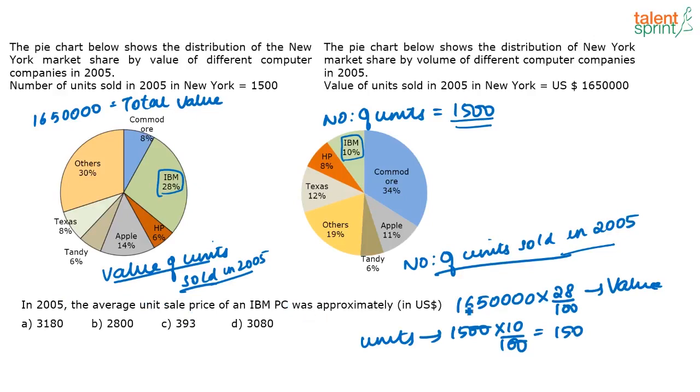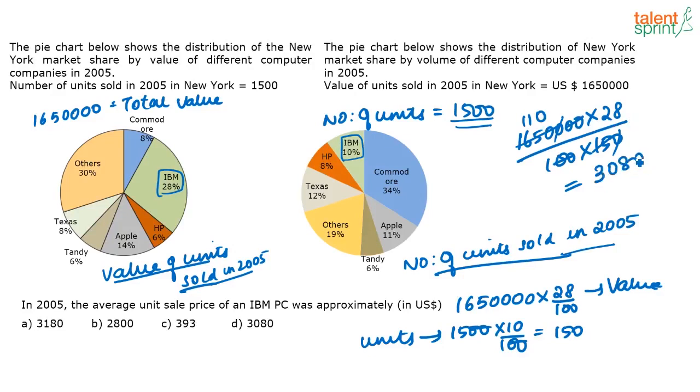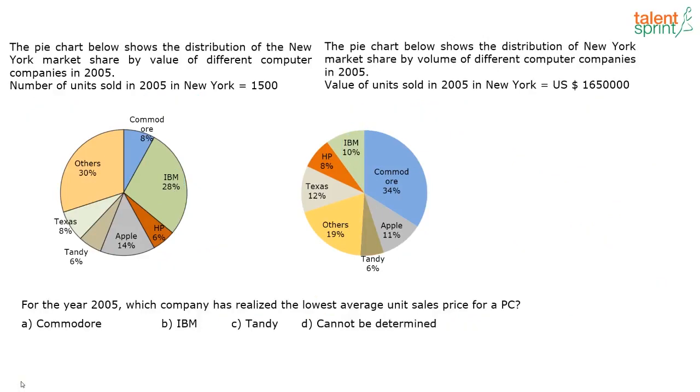So what is the average price of one unit that IBM has sold? It is 165 followed by 4 zeros into 28 divided by 100 into 150. Solve for this, and that is the answer you are looking for. So 110 into 28 is nothing but 3080. So the answer that we are looking for is option D. Next question.